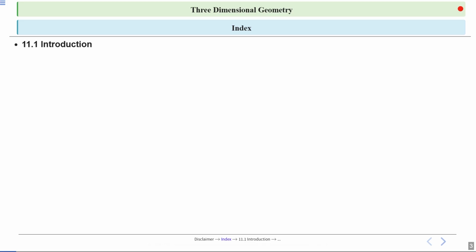First, we will start by looking at an introduction to three-dimensional geometry. Then we will look at direction cosines and direction ratios of a line.